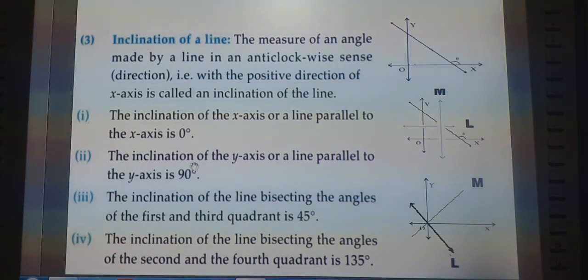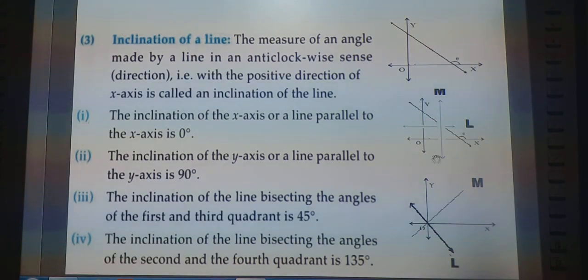Next point, the inclination of the y-axis or a line parallel to the y-axis is 90 degrees. That means if a line is parallel to y-axis, or the y-axis itself, its inclination is always 90 degrees.